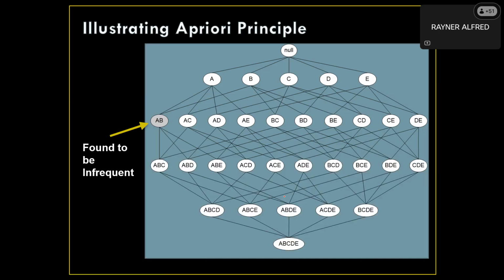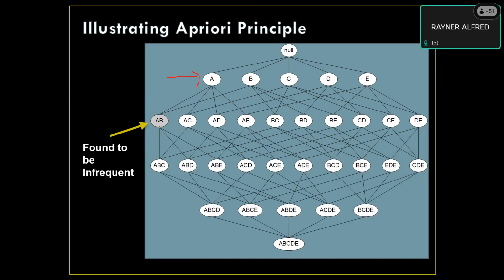Okay, so for instance, we can check each one of these. We start with one-itemsets, and then eliminate those which do not fulfill the minimum frequent value.